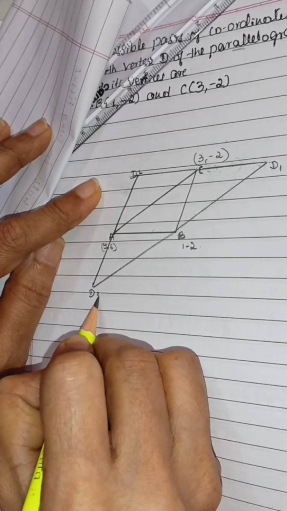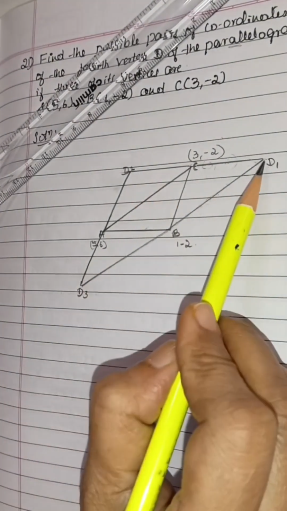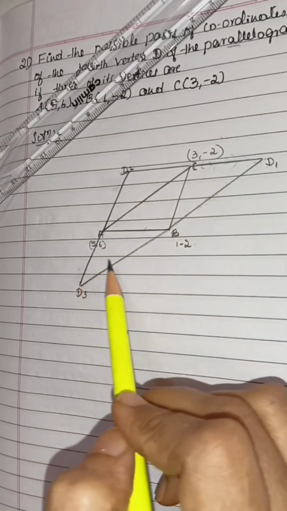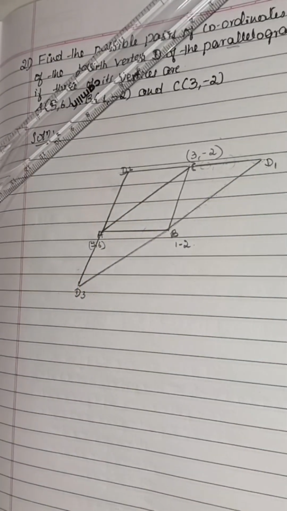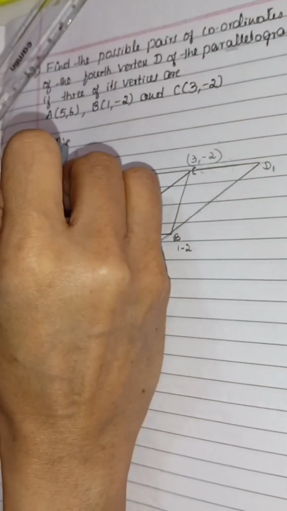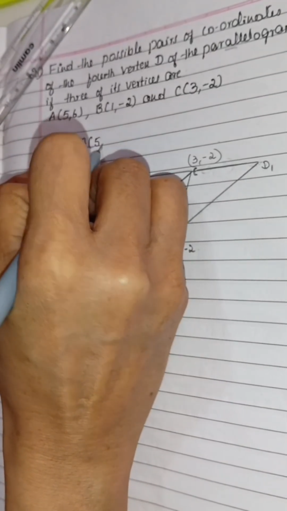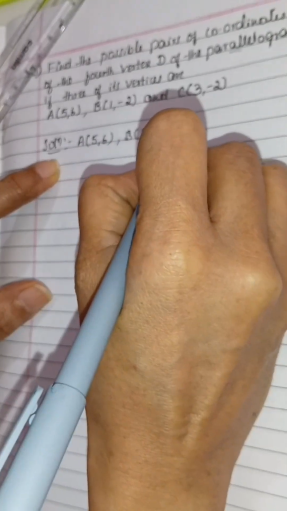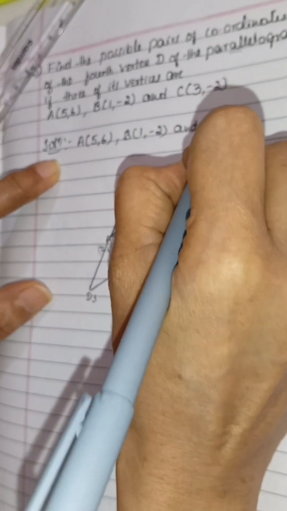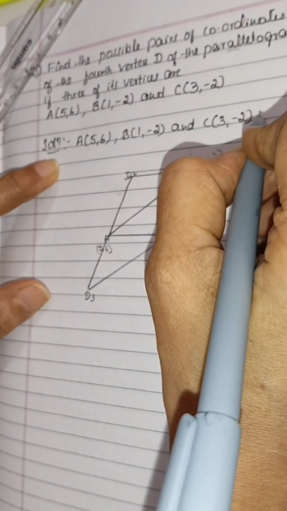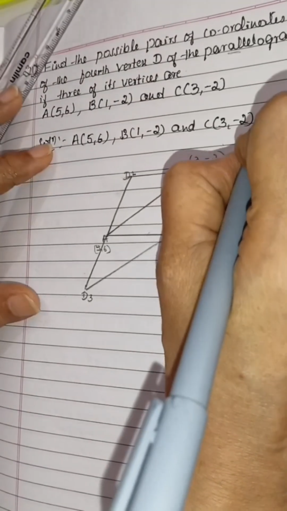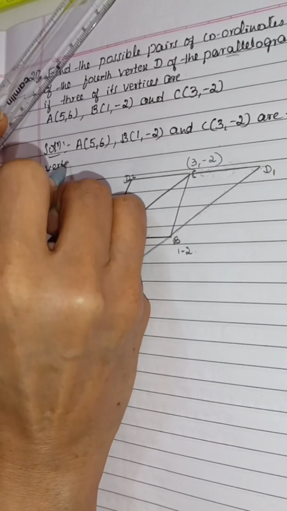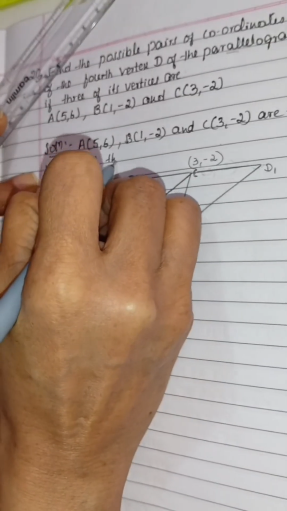Therefore, there can be three possible locations of vertex D. We'll write first the given: A is 5 and 6, B is 1 and -2, and C is 3 and -2. These are the vertices of the parallelogram.